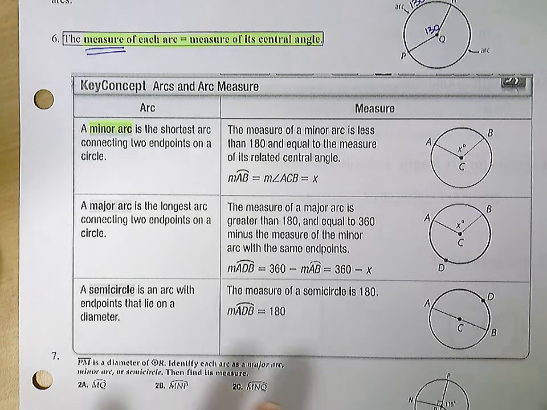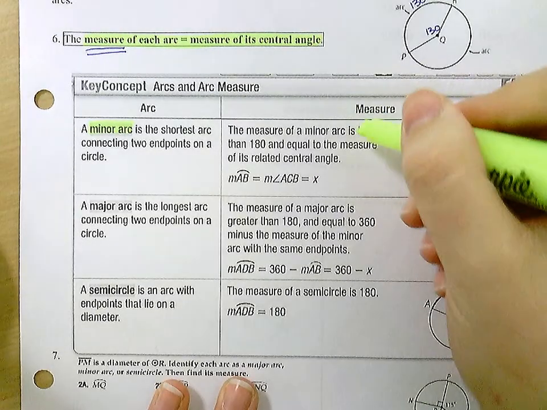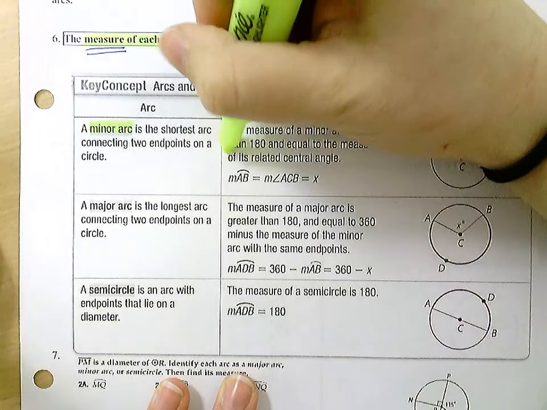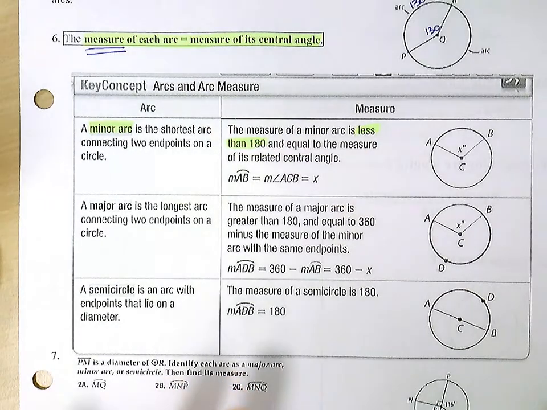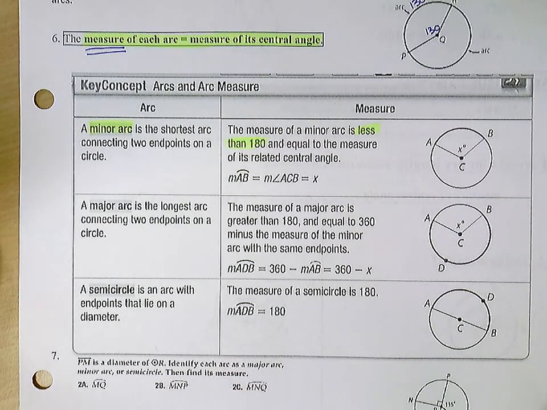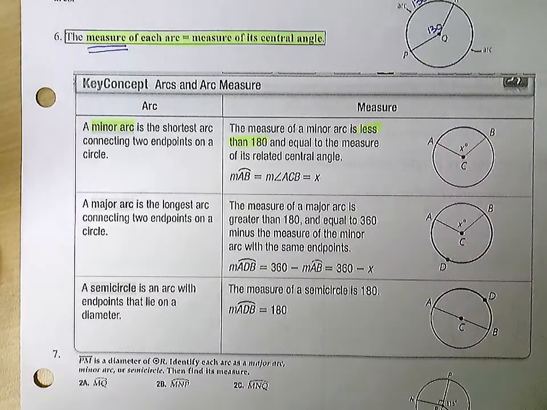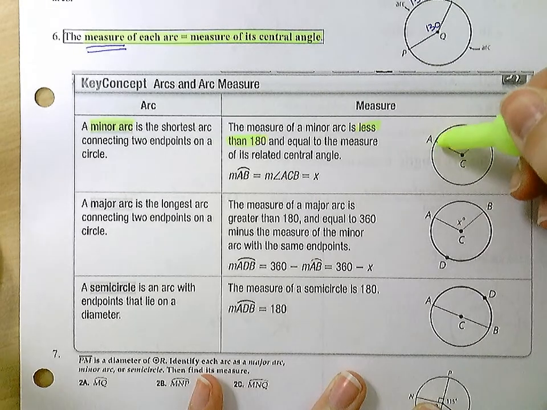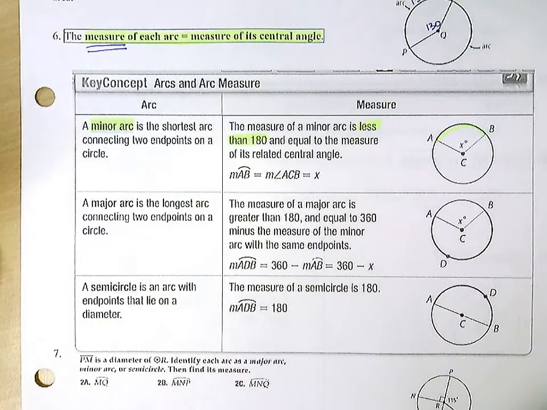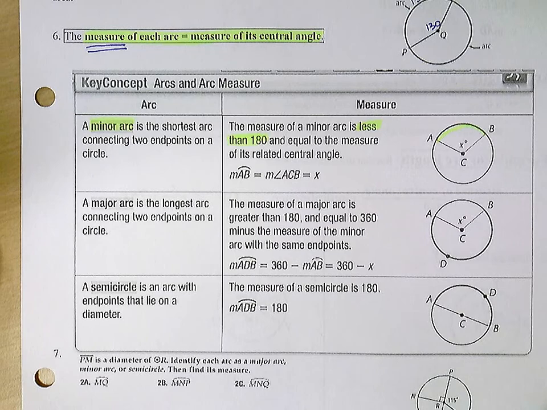It has a degree measure less than 180. So in the picture there, if you have a central angle of x degrees, this would be your minor arc. It's less than 180.